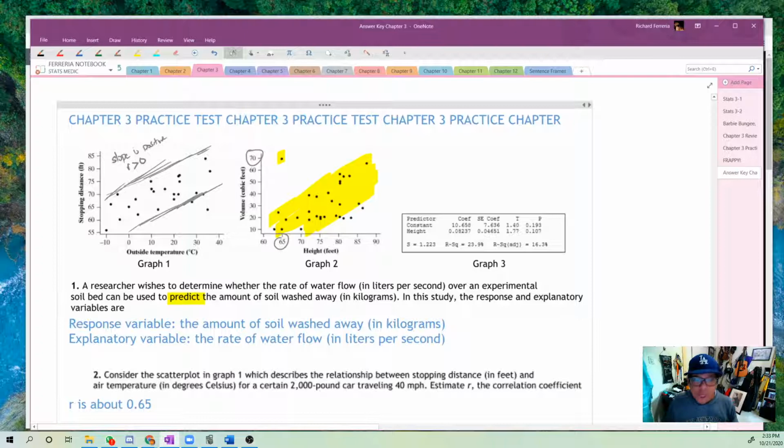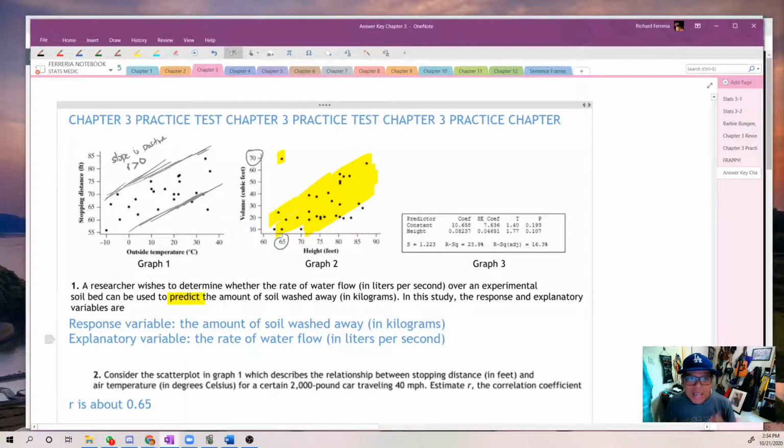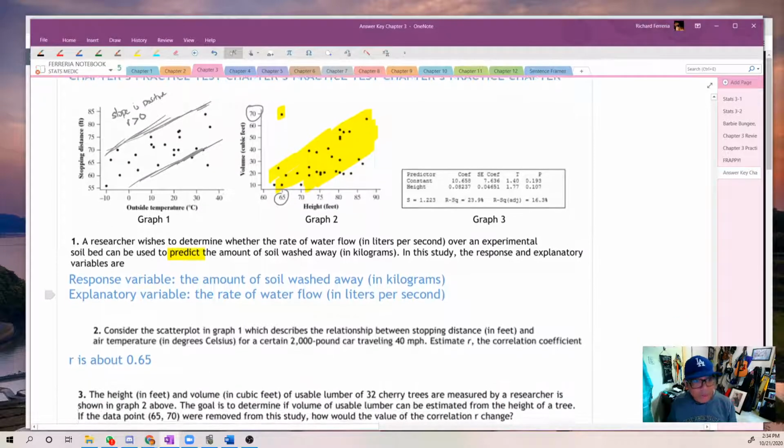Now the only other tricky part here is, will it increase or will it decrease r? Based on the fact that we have a positive trend, our value of r is going to get closer to +1. Getting closer to +1 means that r is going to increase.